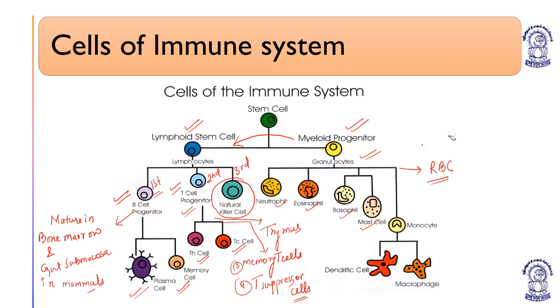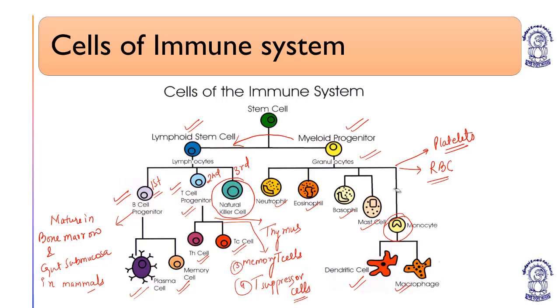Platelets. So platelets, RBCs, dendritic cells, macrophages. The monocytes further differentiate to form dendritic cells and macrophages. Okay. Mast cells, basophils, eosinophils, neutrophils, they all are formed by the myeloid progenitor or the myeloid precursors.